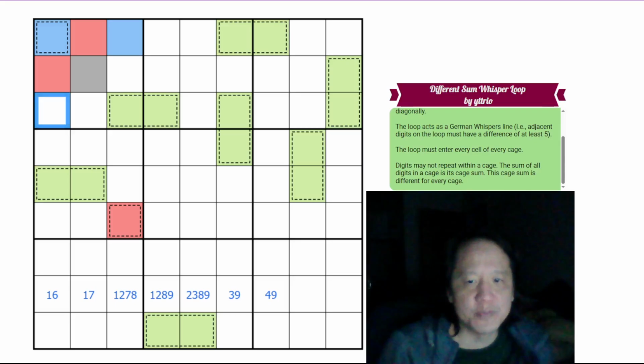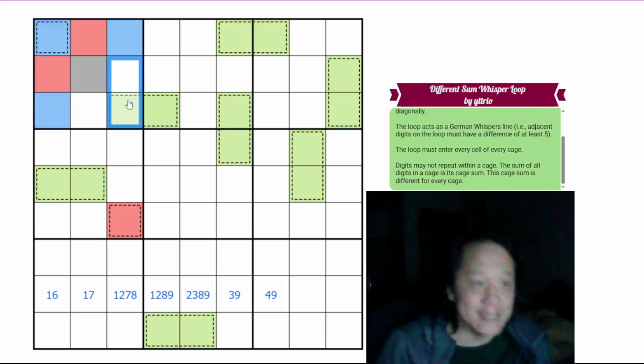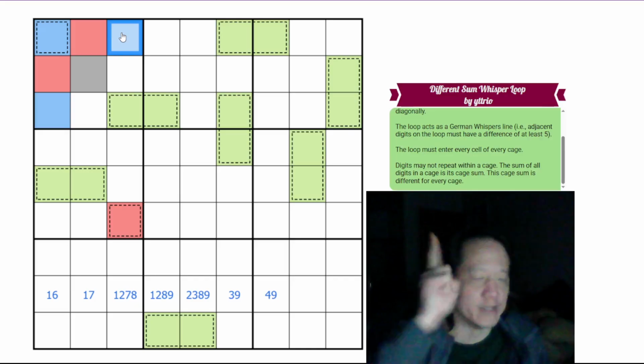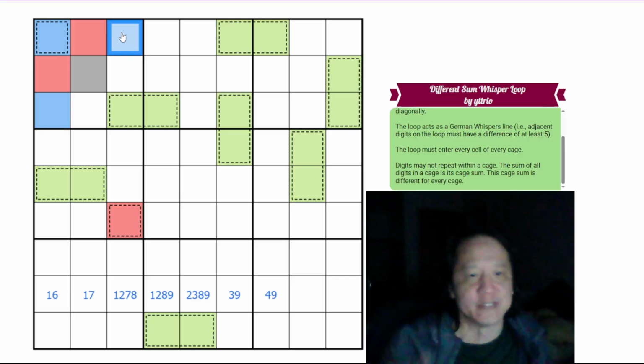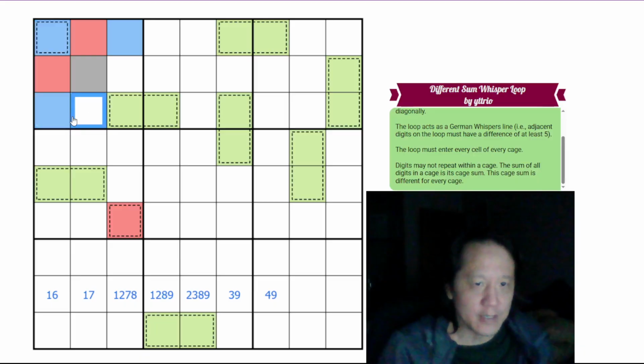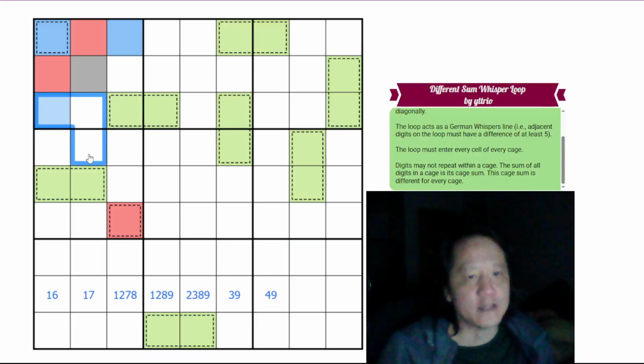And this is just something that occurs when you have a loop, right? Everything that is on the loop, if they alternate between sets, it can only be one set. It can't be the opposite set because it always moves orthogonally. So to get to this cell, it has to go high and low, right?